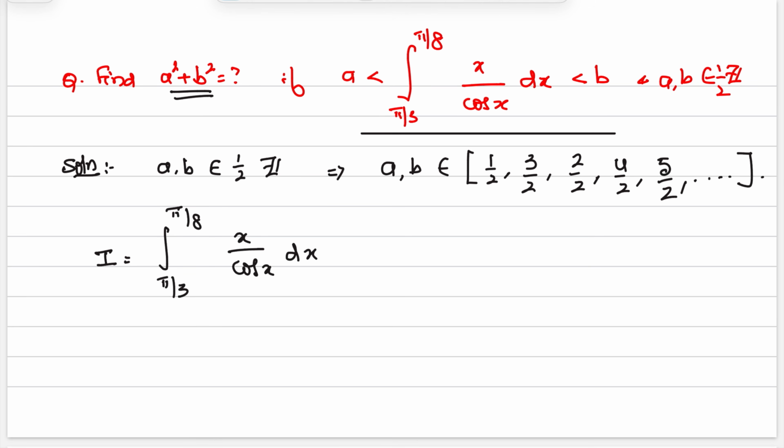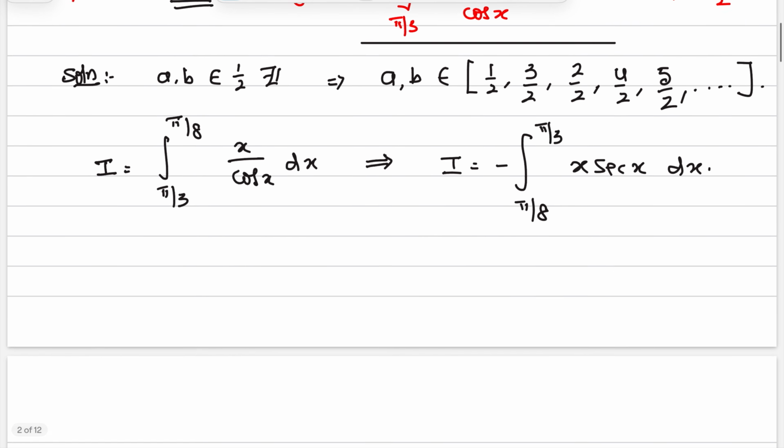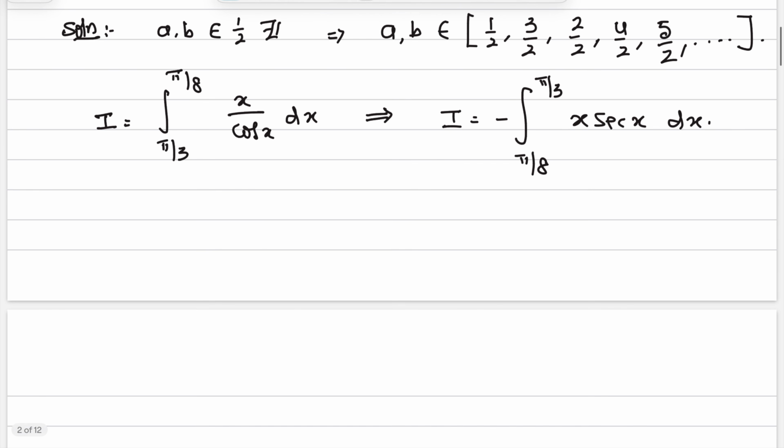This can be written, by reversing the limits, as I is equal to minus integral from pi by 8 to pi by 3 of x into 1 by cos x, which is nothing but secant x, secant x dx. We have simplified this way.